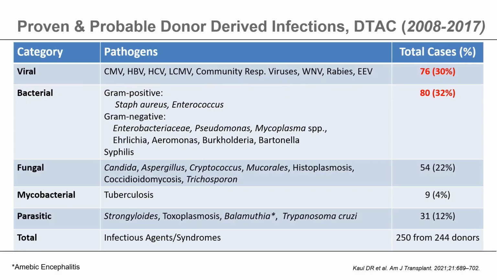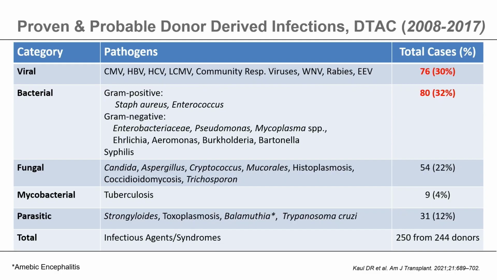So how do we track this overall? The Disease Transmission Advisory Council, as part of the OPTN, looks at proven and probable donor-derived infections that all the centers submit. Dan Call published on this data back in 2021, covering the first 10 years DTAC had been in existence, with all the cases proposed and adjudicated.